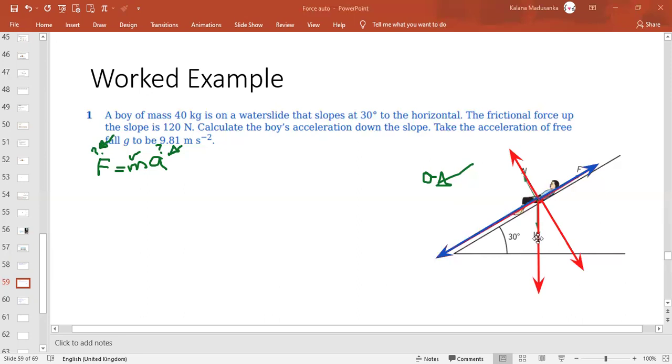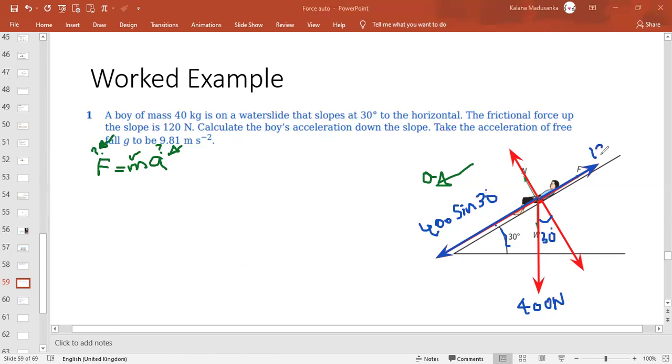Okay, so this is 400 newtons now, the weight, right? If this is 30 degrees, this is also going to be 30 degrees. So this is going to be 400 sine 30.